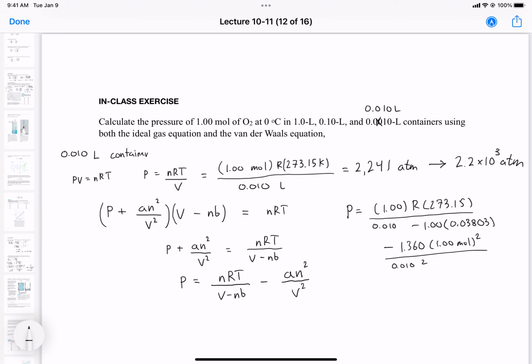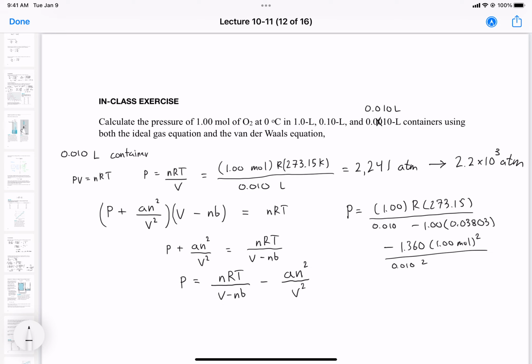So in this case, now we can plug this value into our real gas law equation, the van der Waals equation. So let's do that right now. So we get 2,241. Well, we could just keep 2,200, but I'm just going to keep some extra digits here, just so we don't have rounding error.